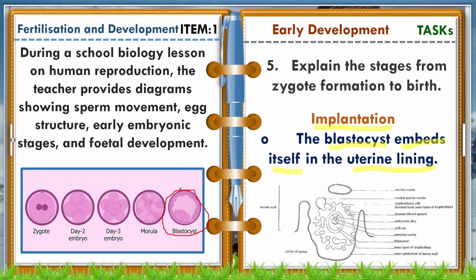Now, when the blastocyst is formed, which is here, it will come and embed itself in the uterine wall. This is the uterine wall. When it embeds itself in the uterine wall, that is what we call implantation.